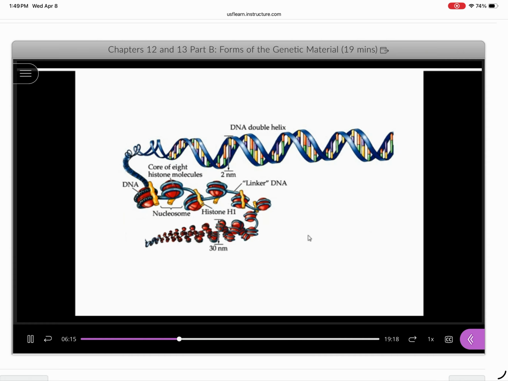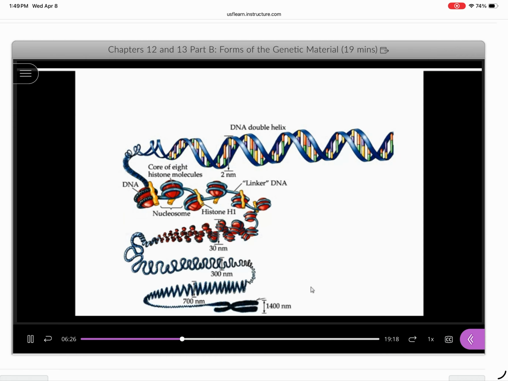But this becomes compacted here and looped and coiled into this structure here and here. This is a chromosome. What is it? It's DNA wrapped around proteins and compacted to a great degree.